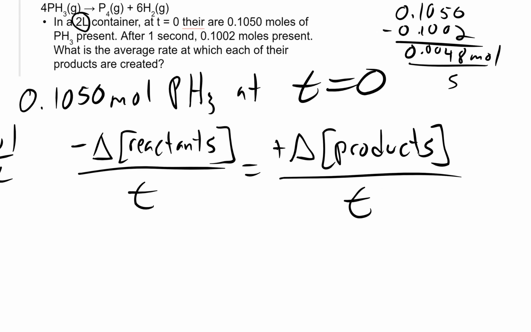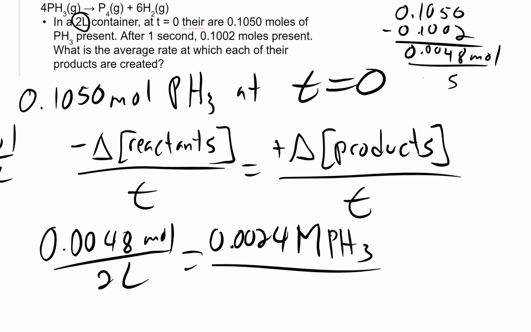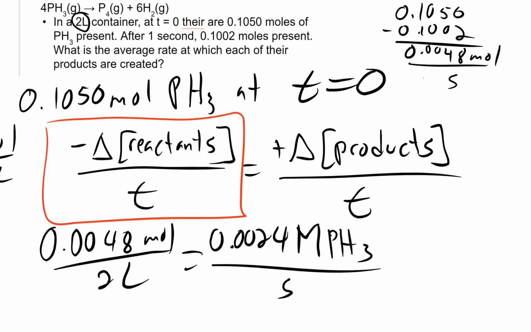Yeah. So 0.0048 moles divided by 2 liters is 0.0024 molar PH3. That's how much is lost for every 1 second. Now check this out. Isn't that exactly this right here? Right?